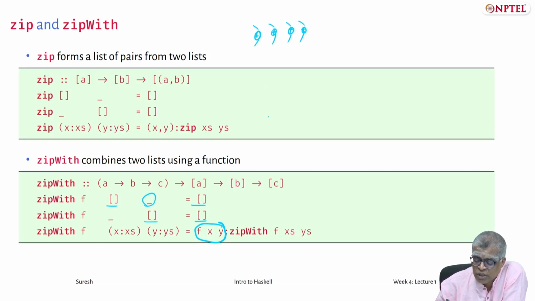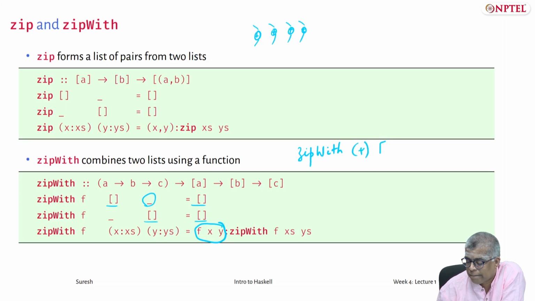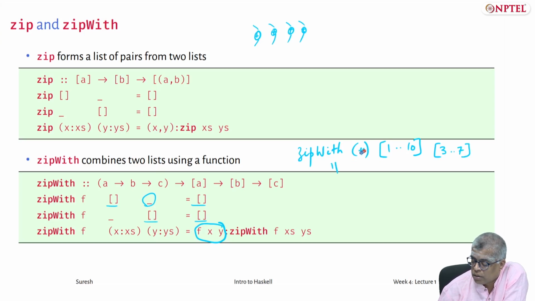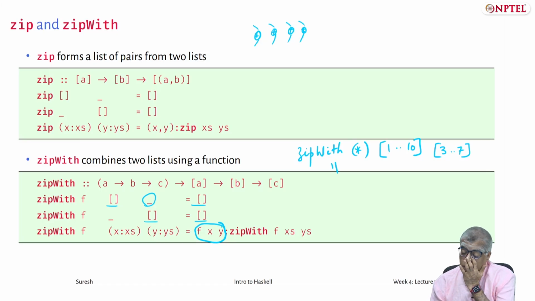For instance, zipWith multiplication, let us say, you would multiply the corresponding elements.